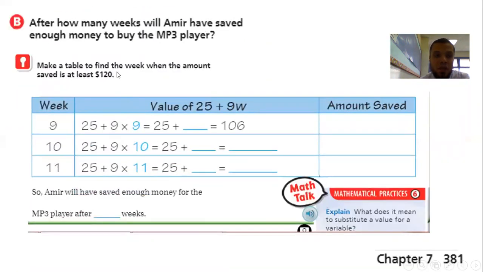Question B. After how many weeks will Amir have saved enough money to buy the MP3 player? After how many weeks? This is the question. If you want to know after how many weeks, you need to substitute W with a number.